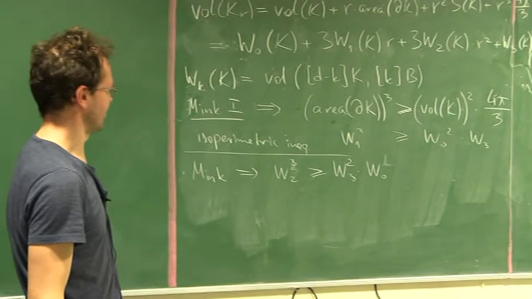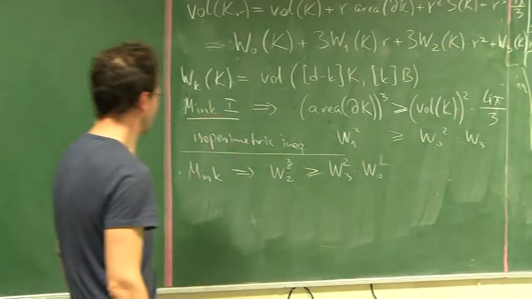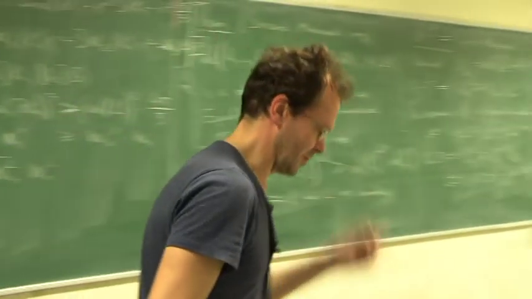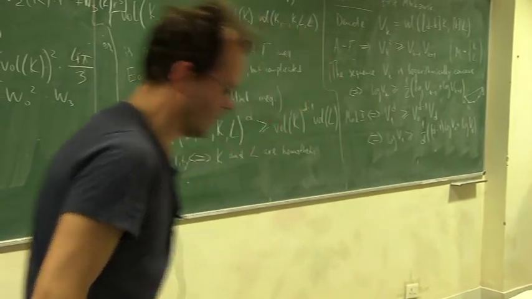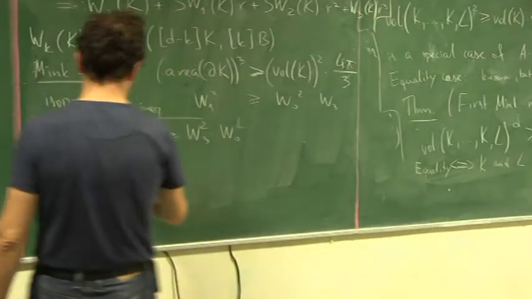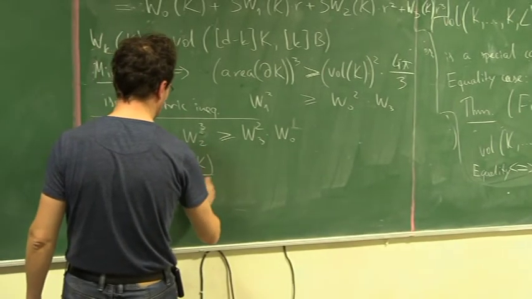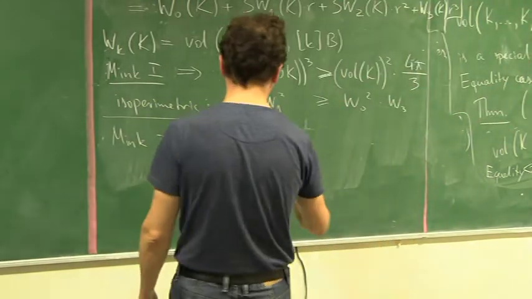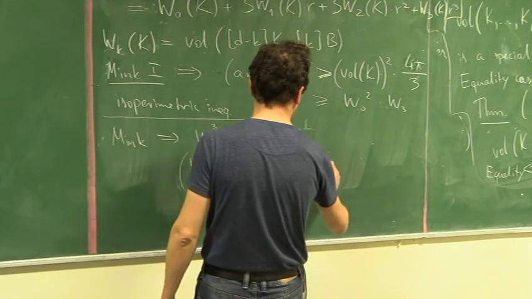Now it's correct, because 2 times 3 is equal to 3 times 2 plus 0. And this inequality means, if one goes back to the definitions, that it can be written as the width of K divided by 2, cubed, is bigger or equal than 3 divided by 4 pi, times the volume of K.